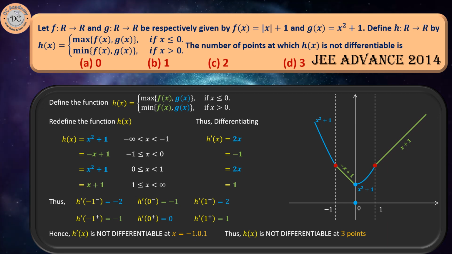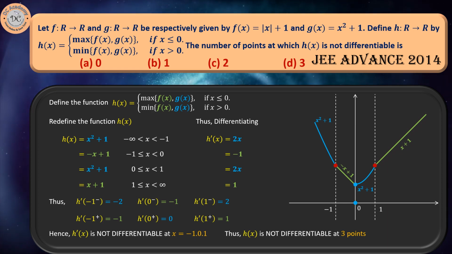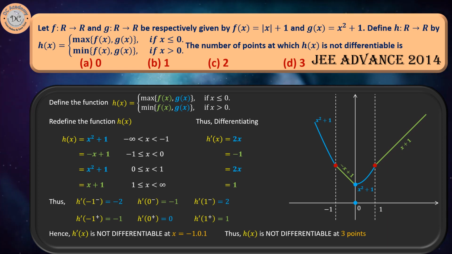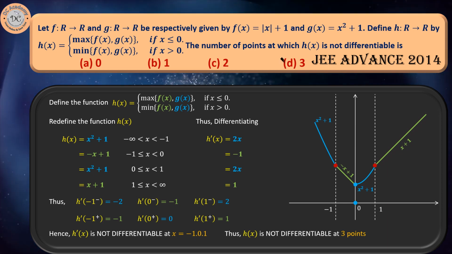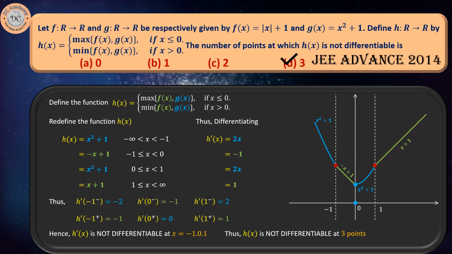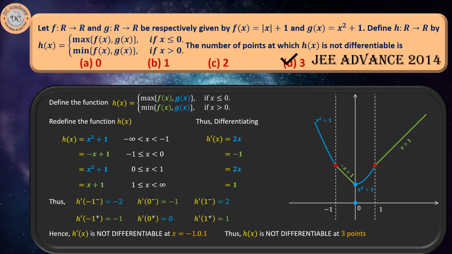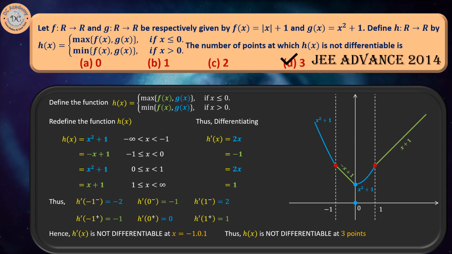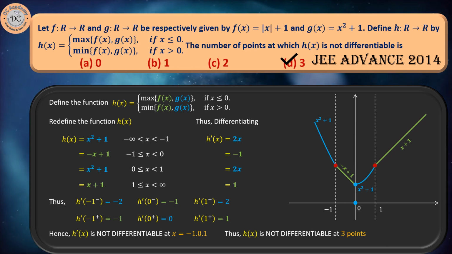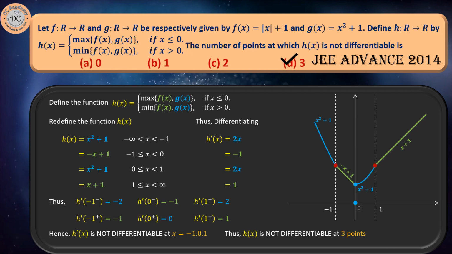And that's it. With a little bit of sketching, we solved an advanced level problem. Here we explained it, so it takes some time, but drawing doesn't take much time, and if you know how to sketch it, this problem can be solved in less than a minute. Hope you understood the problem. Thank you.